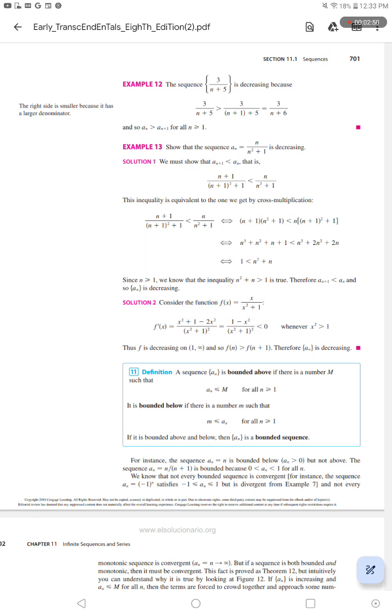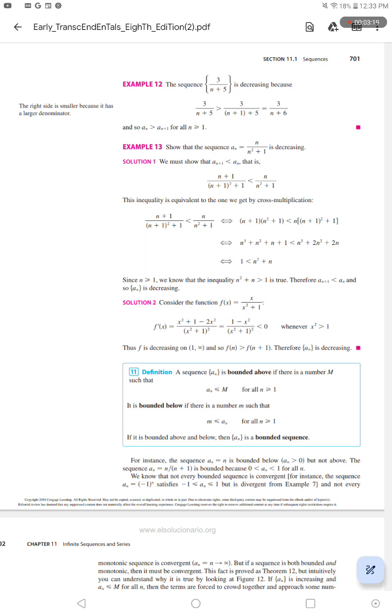f'(x) = ((x²+1) − 2x²)/(x²+1)² = (1 − x²)/(x²+1)², which is less than 0 whenever x² is greater than 1.